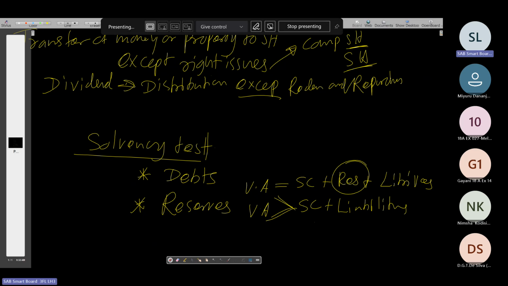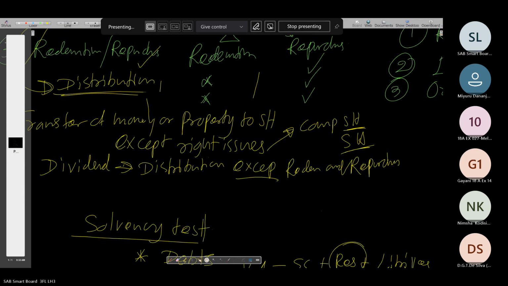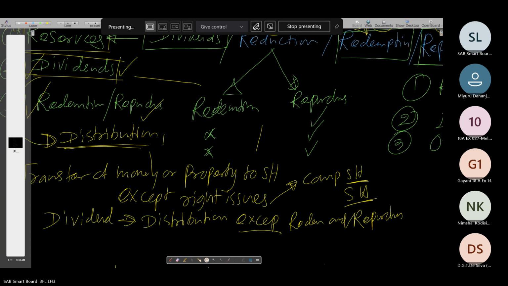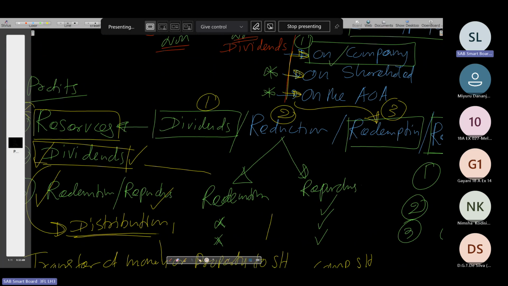Then the company can meet the test. Right. And there is another important concept now: reduction.